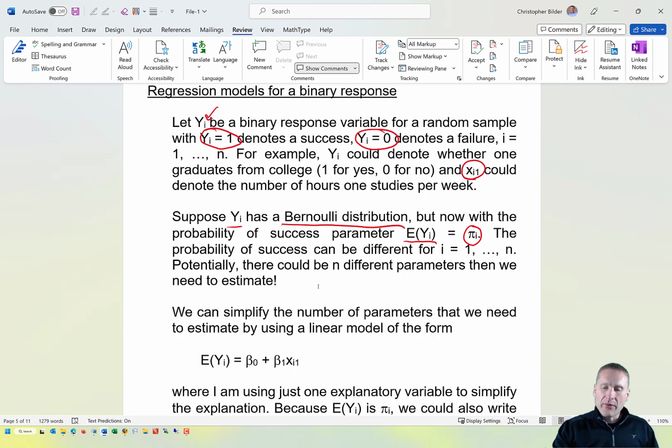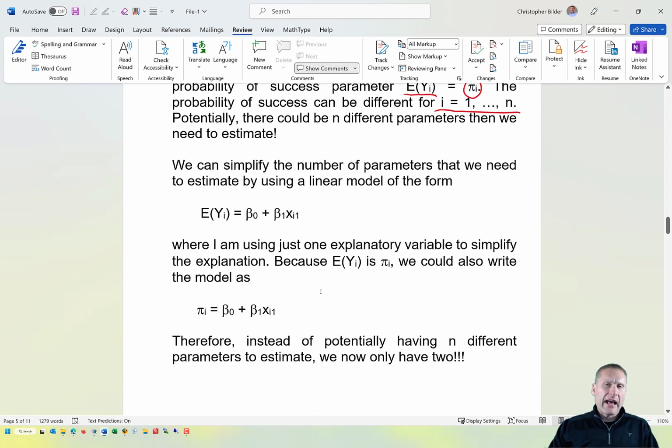Now note that for a sample size n, that means I have n different pi's that I need to estimate. That's a lot. And so that's where the beauty of using regression models comes in. Because now, if I have some explanatory variable that does a really good job of helping me understand what the probability of success is, I could write a relationship such as this, where the expected value of y sub i is equal to beta 0 plus beta 1 times x of i1.